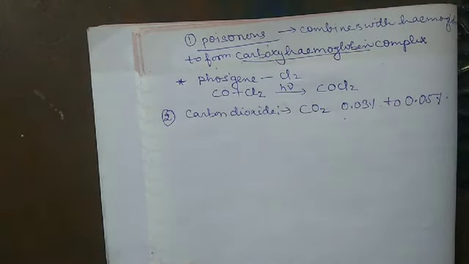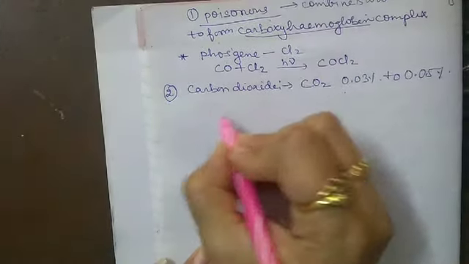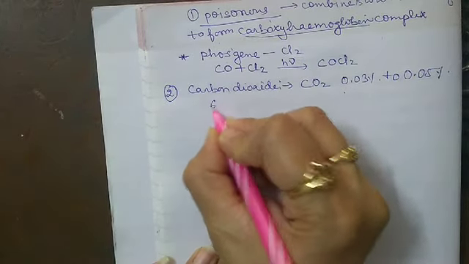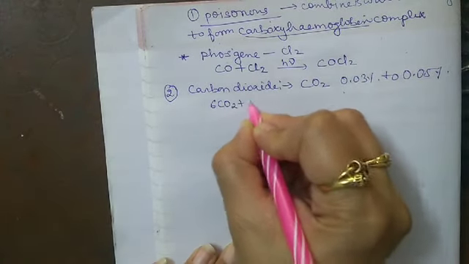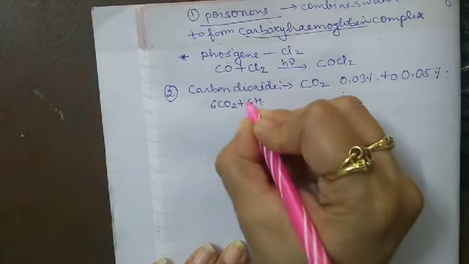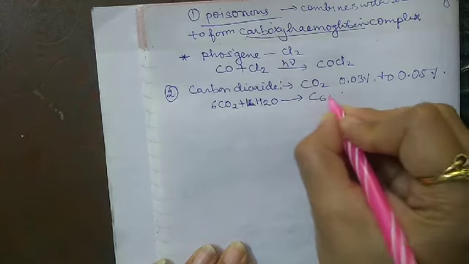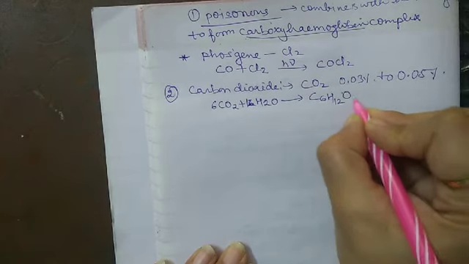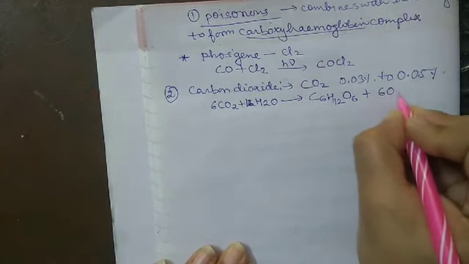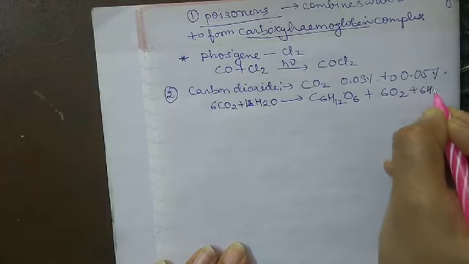The process of photosynthesis is 6CO2 plus 12H2O gives C6H12O6 plus 6O2 plus 6H2O. So this is the process of photosynthesis.